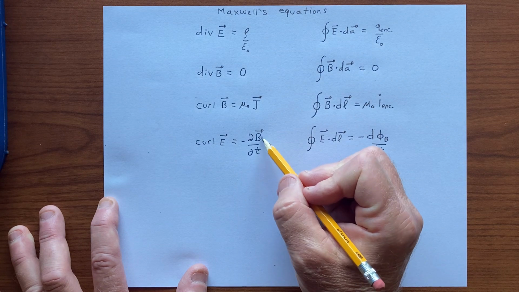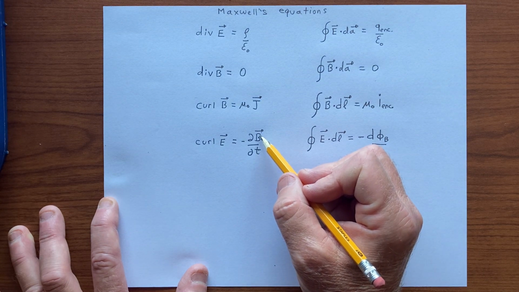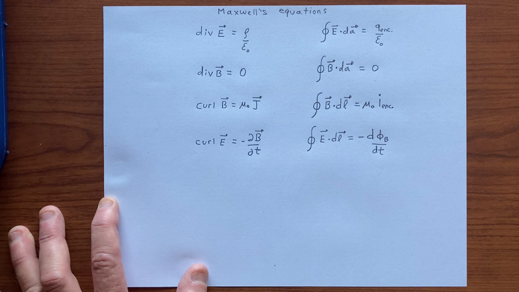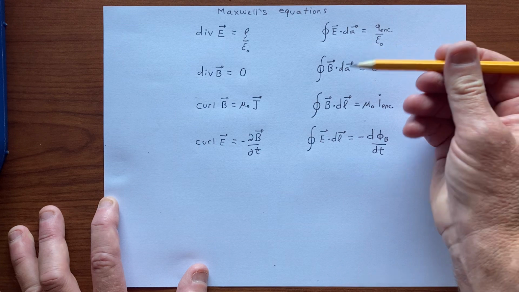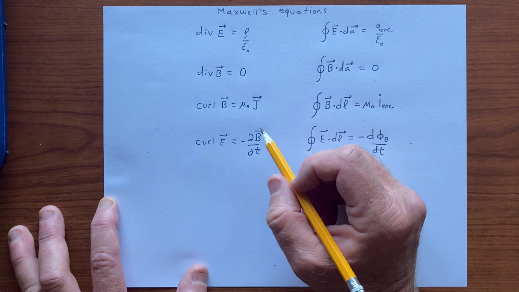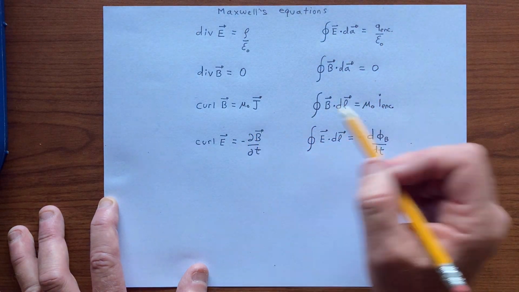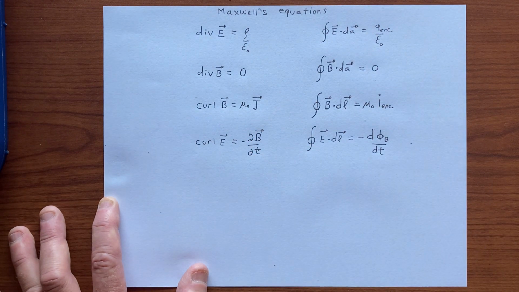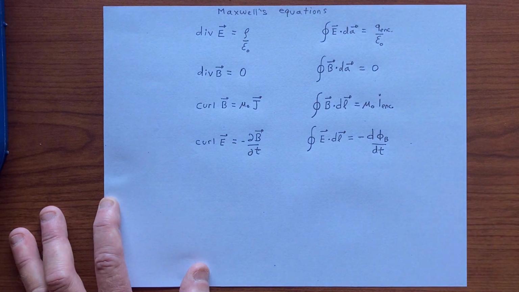Notice that these equations are not symmetric, but we've argued that they are becoming more and more symmetric in the sense that if we replace magnetic field with electric field, we find that the equations seem to have the same form.